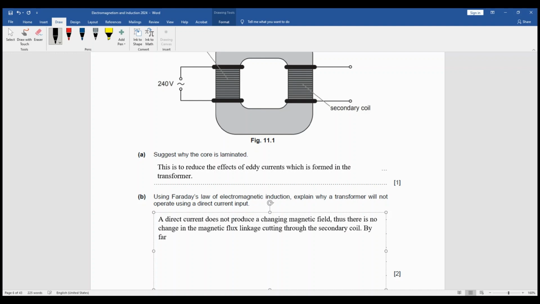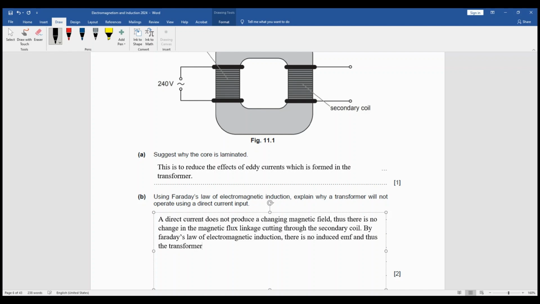This one give more marks because he's only asking why it cannot work. By Faraday's law of electromagnetic induction, there is no induced EMF, and thus the transformer cannot operate.